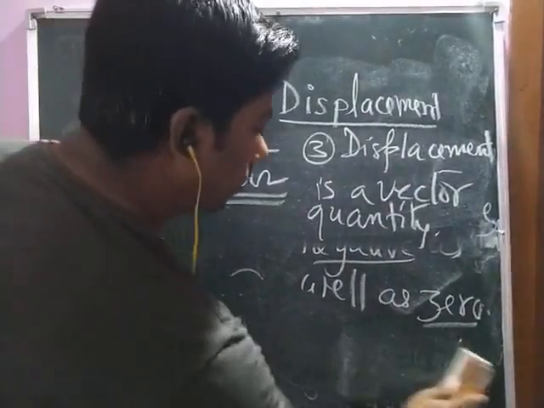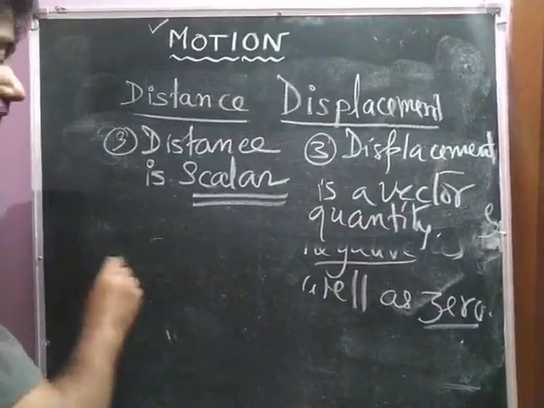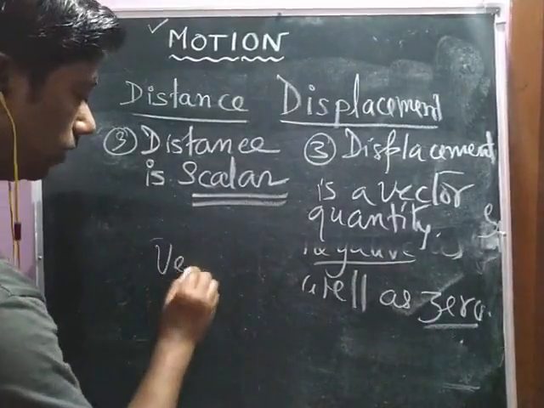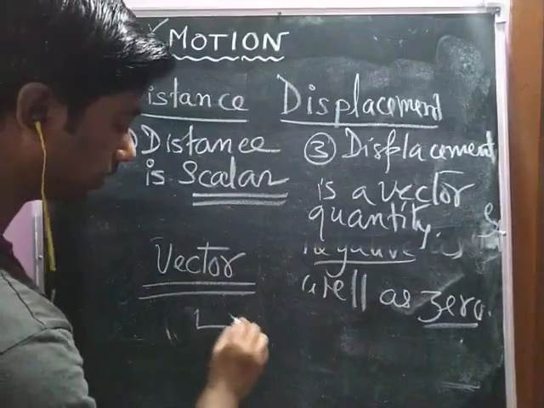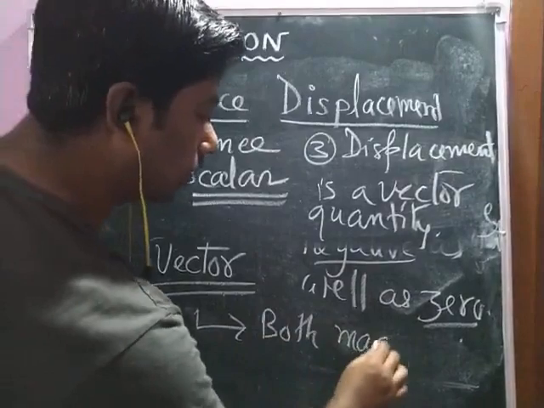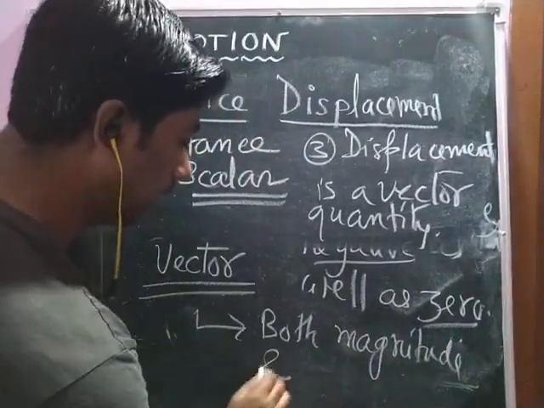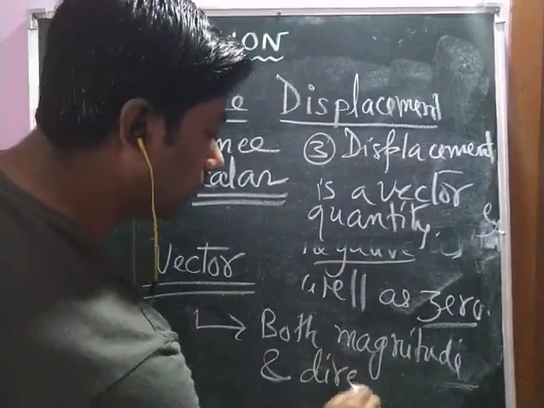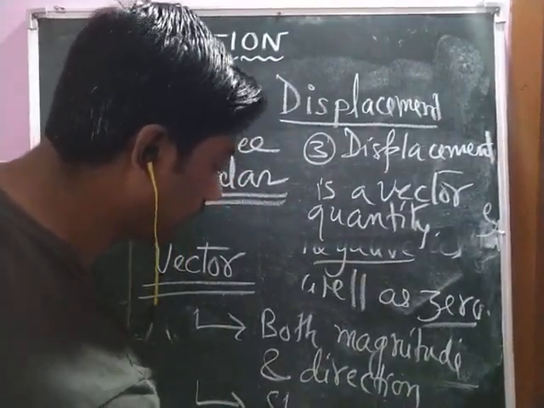Now what is a vector quantity? A vector quantity is something which needs both magnitude and direction, and follows some special rules for addition.